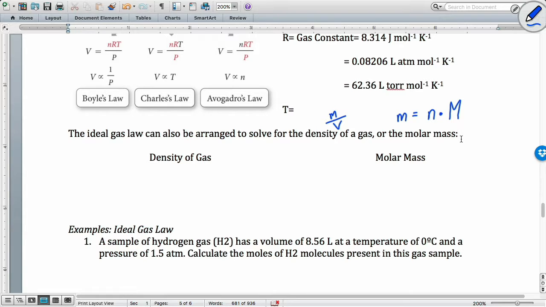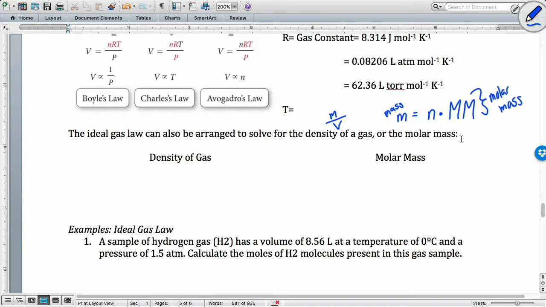Sometimes you'll see it as just a solo capital M for molar mass. Sometimes you'll see it as MM. I prefer MM, so I'm going to mostly use that when we do this, okay? MM, molar mass. Small m is just mass. And n, remember, is the number of moles.